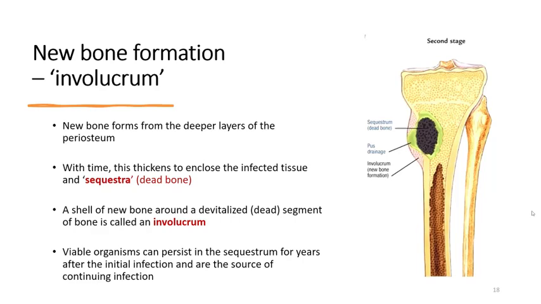So when bone forms from the deeper layers of the periosteum, it will later surround this necrotic bone. This new shell of bone around the necrotic bone is called involucrum. Another new terminology: a shell of new bone around this dead bone is called involucrum.